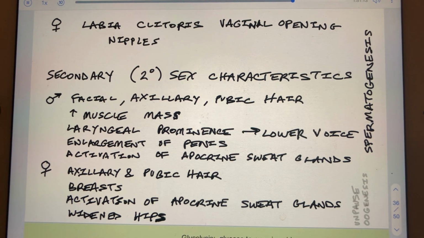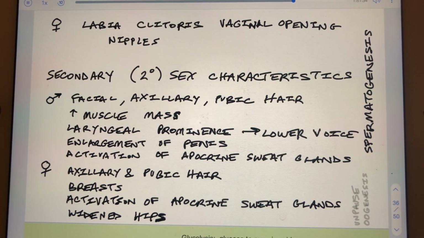But meiosis gets paused such that the only thing that's been made by the time she's born is oocytes. Lots of them, but they're not ova. They're almost ova. They're oocytes.